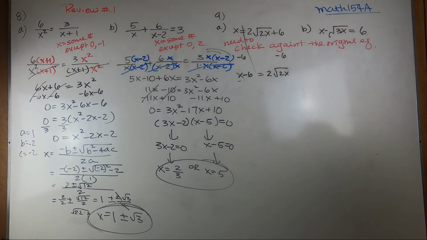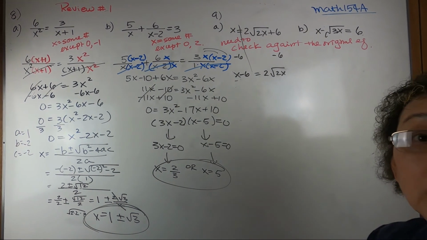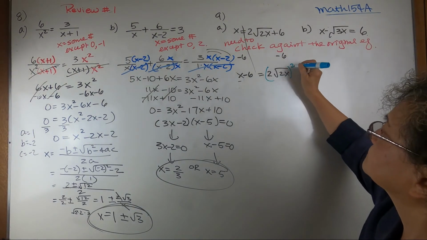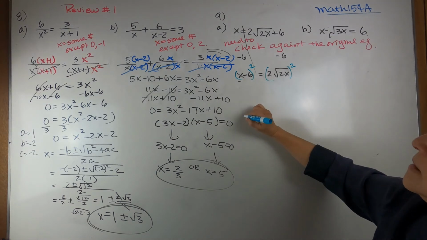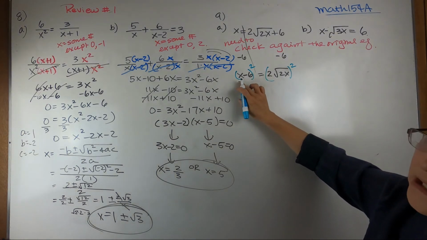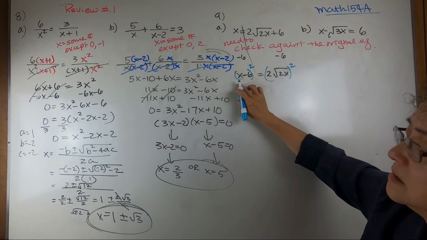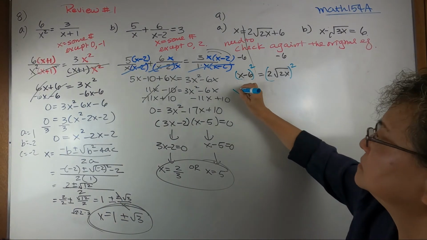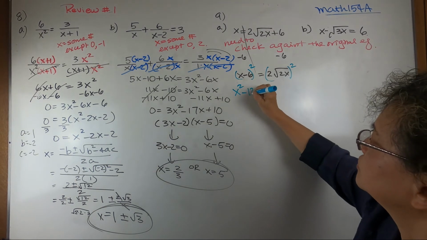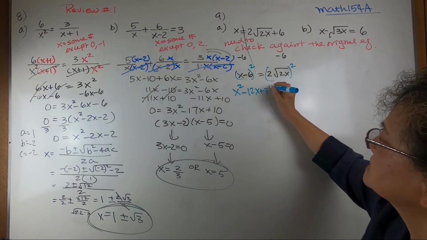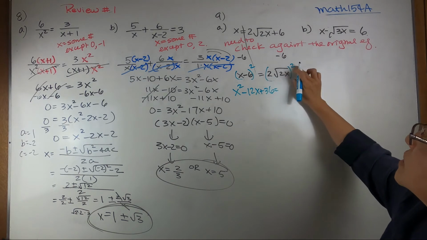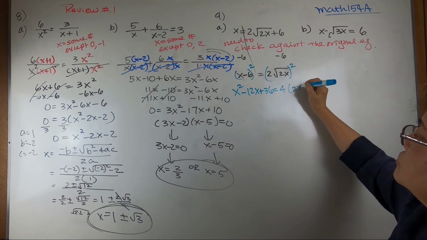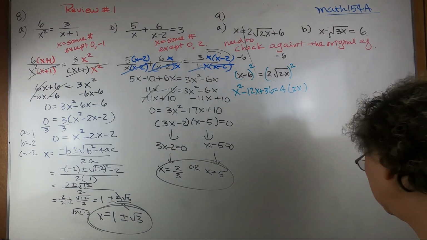We need to get x by itself, right? So you need to take a square. Then this square is not x squared minus 36. You need to do FOIL, which is a trinomial: x squared minus 12x plus 36. Then this one, 2 squared is 4. Then this one, square is 2x, right?